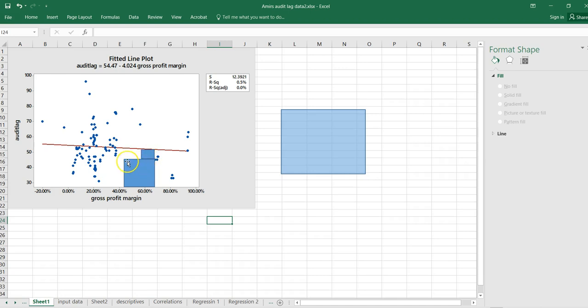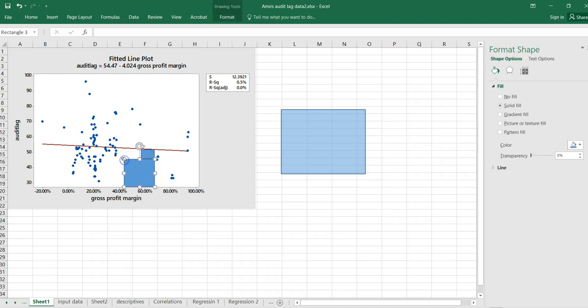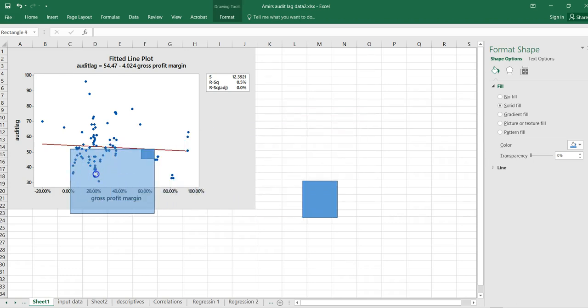The deviation from the line, and this is the explained element.